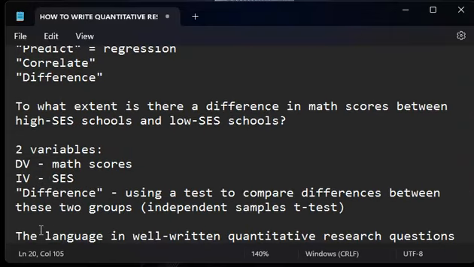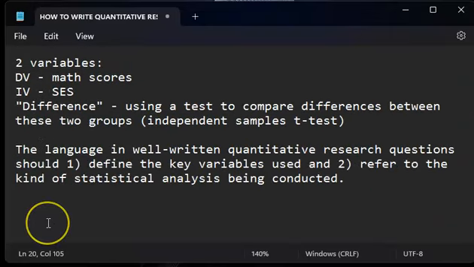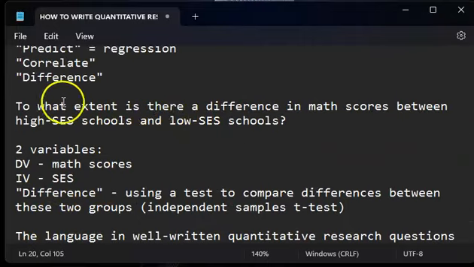You can use descriptive comparisons too. This difference question could also be approached in a descriptive manner, just describing the difference between those two scores, like the average. You might also say, to what extent does the average math score vary among the third grade class? That would be an example of a descriptive question.